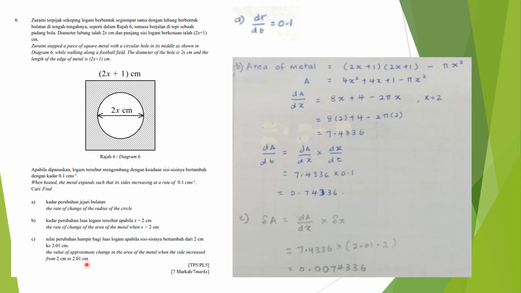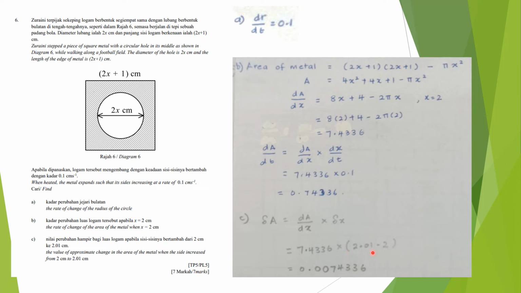Next, for part C, they ask to find the value of approximate change in the area of the metal when the side increases from 2 to 2.01. So we want to find the approximate change of the area, that is dA over dx times delta x. So our dA over dx is 7.4336, already found.